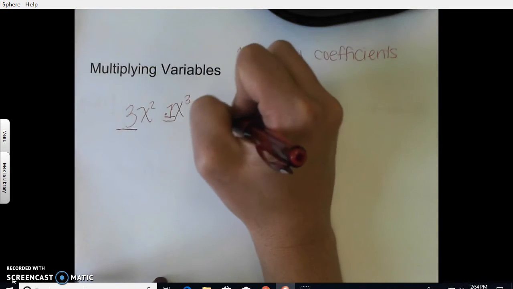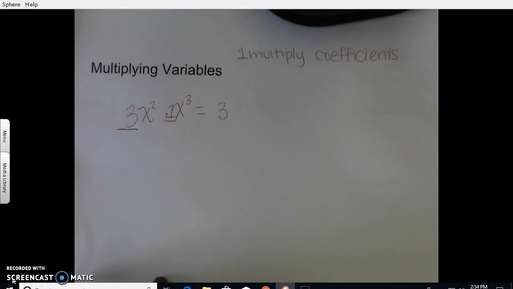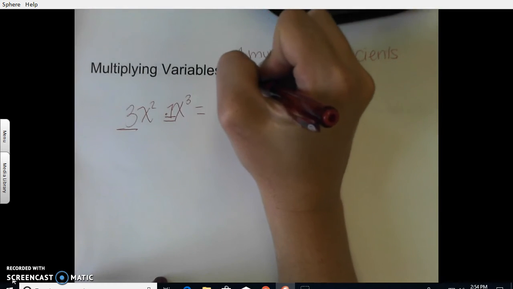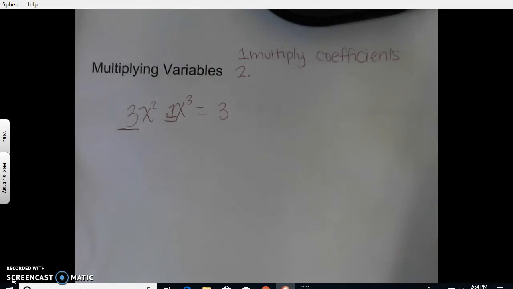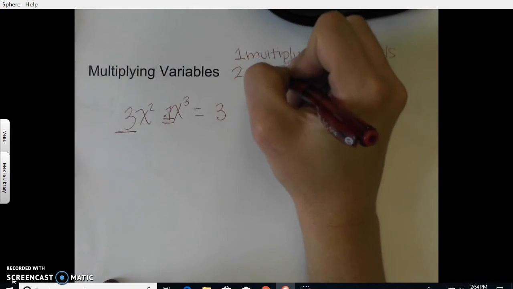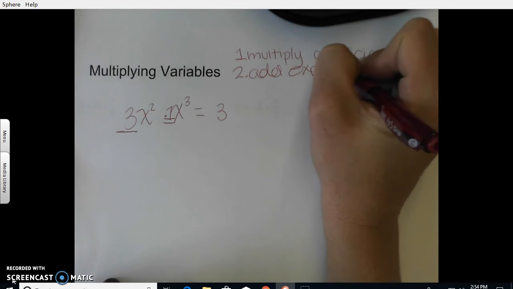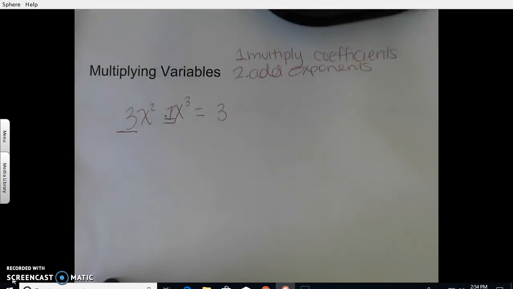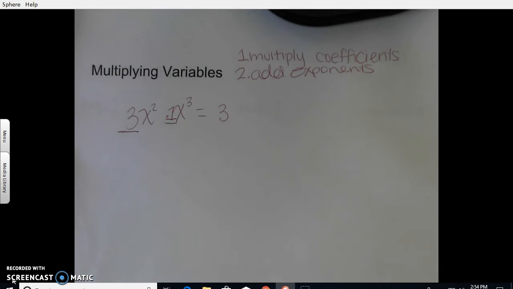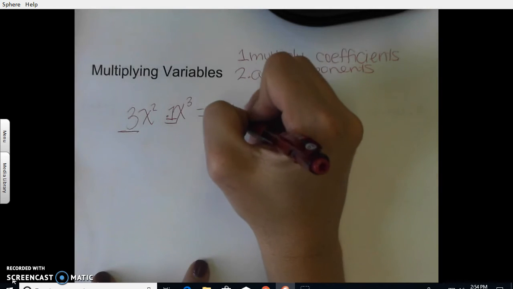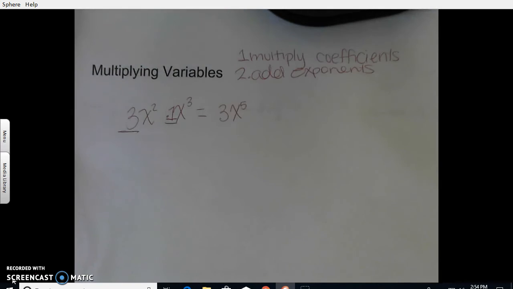So 3 times 1 is 3. And then we add our exponents. They must be the same variable in order to add the exponents. So x squared times x cubed would be x to the fifth.